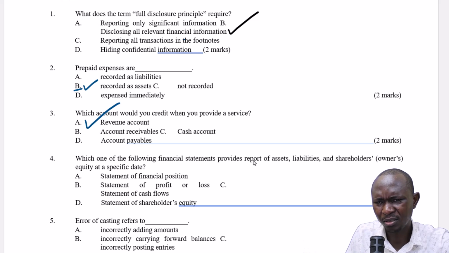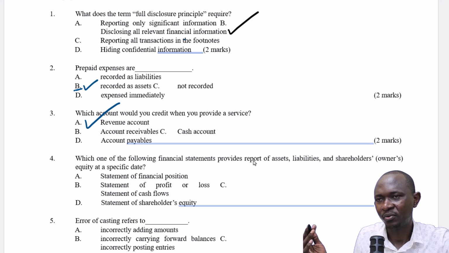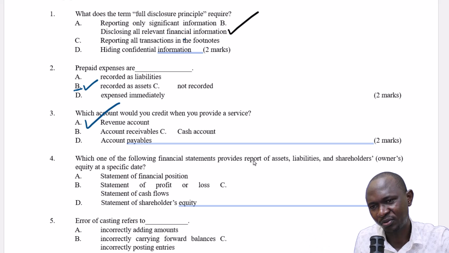Accounts receivable, not really. Accounts receivable will come in when we talk about debtors, which generally come at later stages, not at this point, because we have just provided a service. If it's a cash sale, we will debit the cash account and credit the sales account.